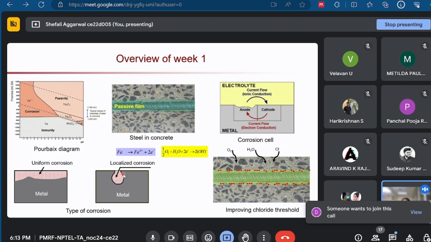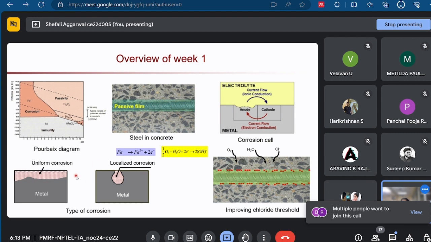Because of that, at the point where the chlorides act, they cause a pit. The iron from that particular point is consumed, causing localized corrosion.